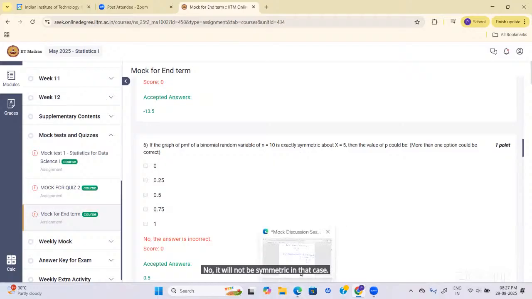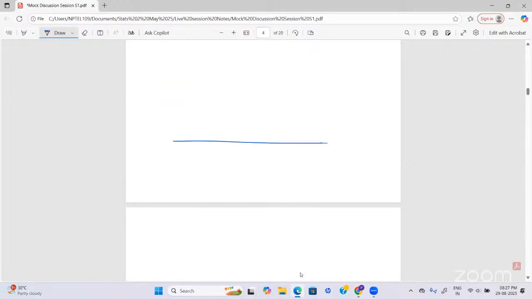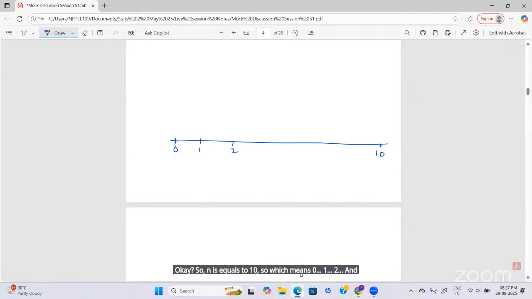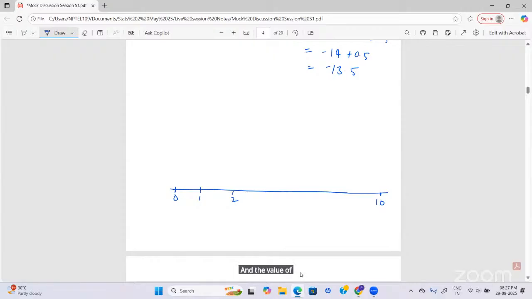See, if you plot the graph, n equals 10, which means x takes values 0, 1, 2, going up to 10. When you plot the graph and the value of P is 0.5, it comes like this.